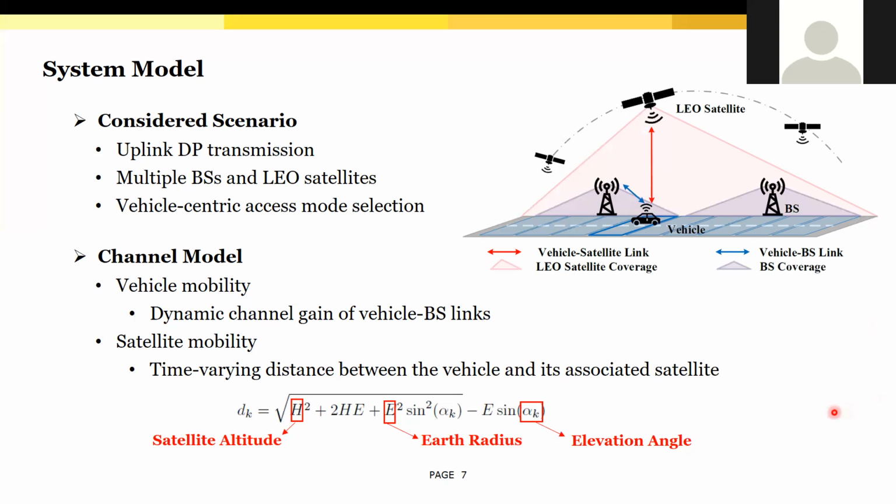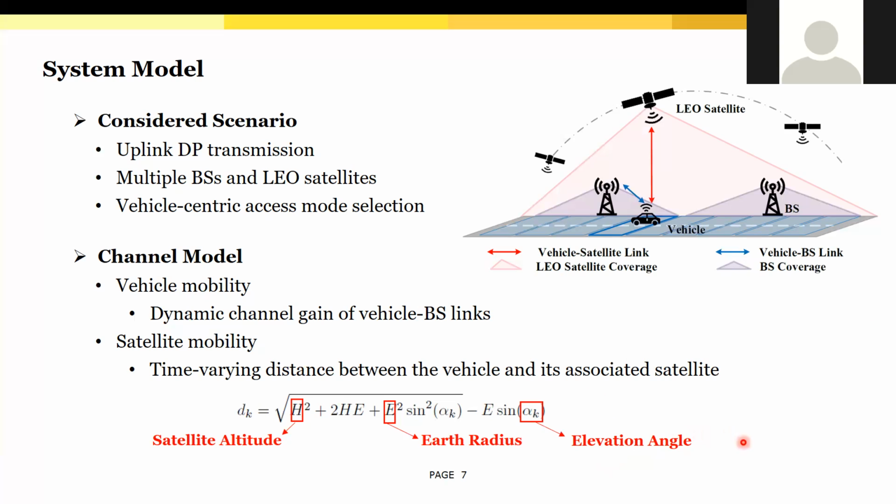The communication channel model includes two parts. The first one is for the vehicle base station link. Since we consider a vehicle scenario, the channel gain of vehicle to base station links would change with vehicle mobility. The second one is for the vehicle satellite link. We also consider satellite mobility in this work.